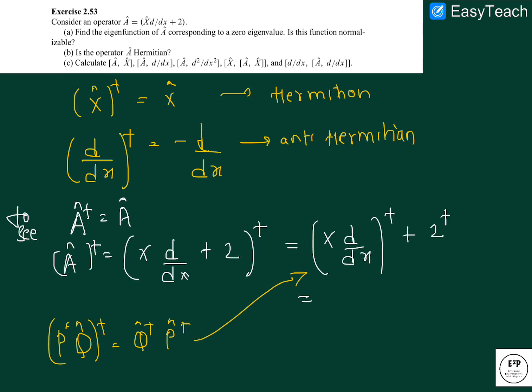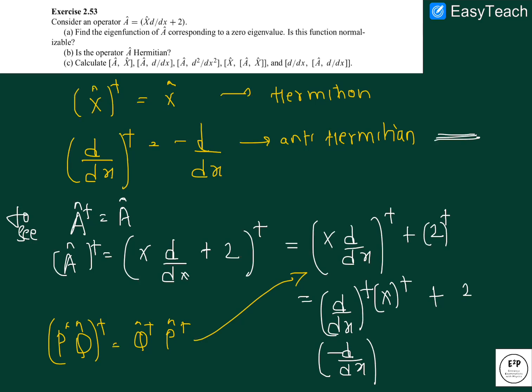Similarly, we use this over here, and then d by dx Hermitian adjoint into x Hermitian adjoint, plus the Hermitian adjoint of a real scalar is nothing but the number itself. Okay, now using this one, we put minus d by dx, and using this we put x over here too.